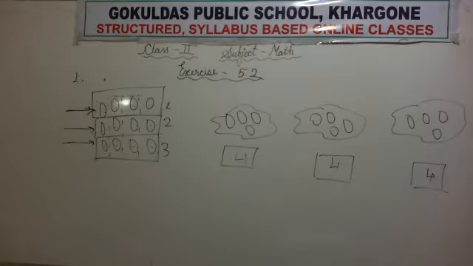This will take much time. So question number 1, 2 and 3 will remain in the book only. So no need to draw this much. Okay, so I hope you have drawn the eggs in the book. So let's move further.